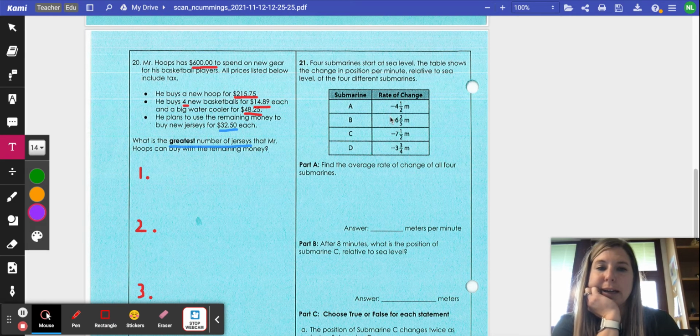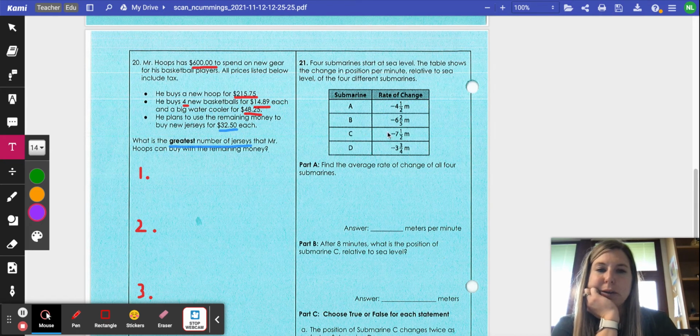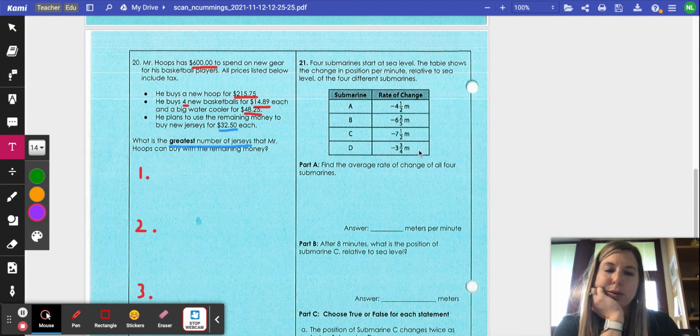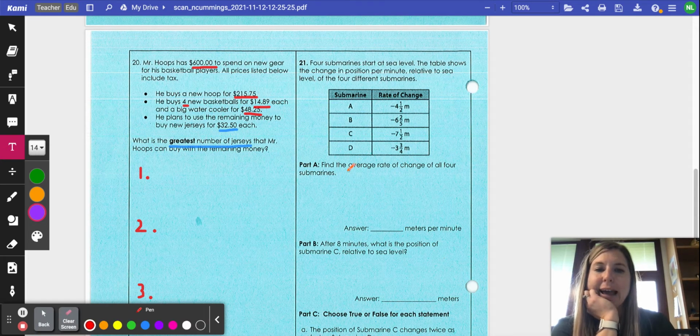Submarine B goes down negative 6 2/5 meters per minute. Submarine C goes down negative 7 1/2 meters per minute, and submarine D goes down negative 3 3/4 meters per minute. This first one is asking you find the average rate of change of all 4 submarines.